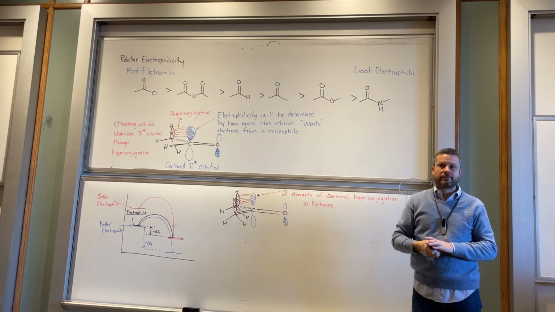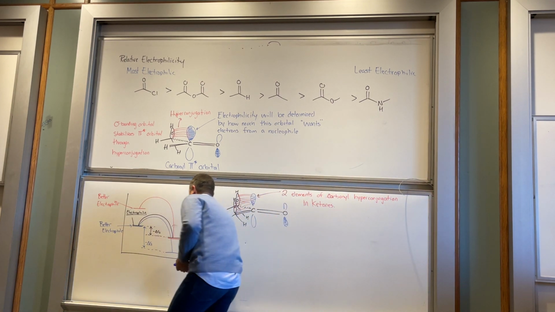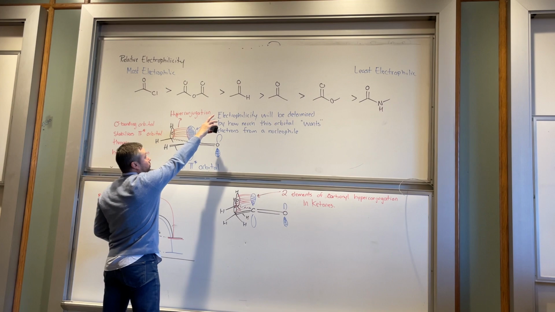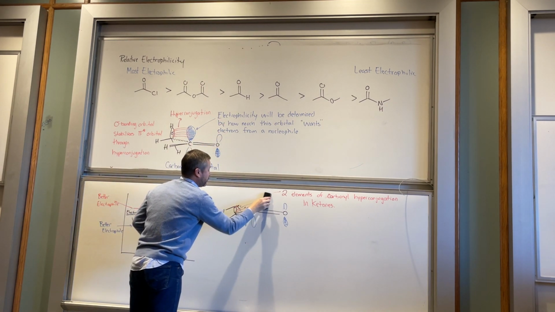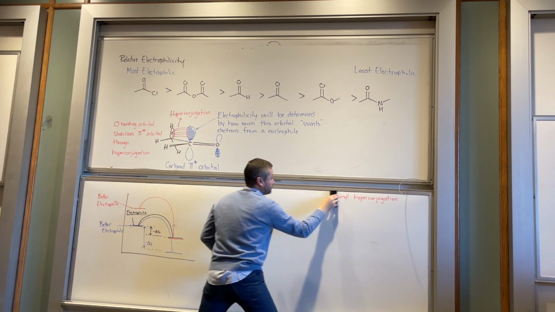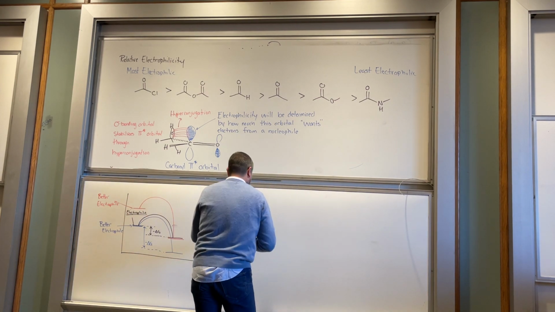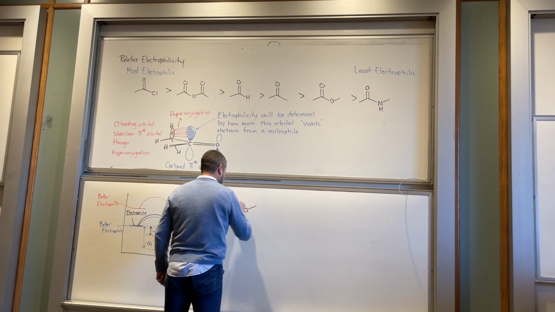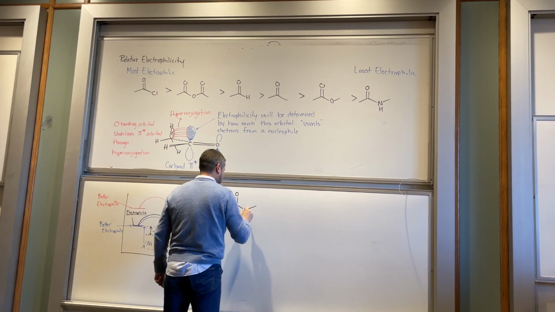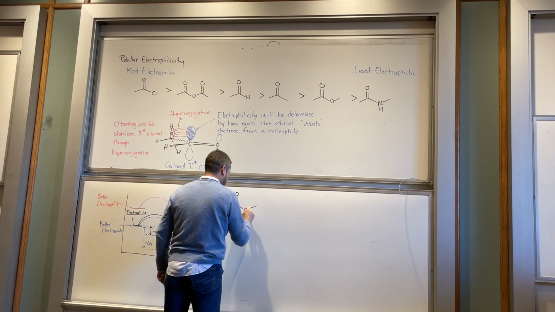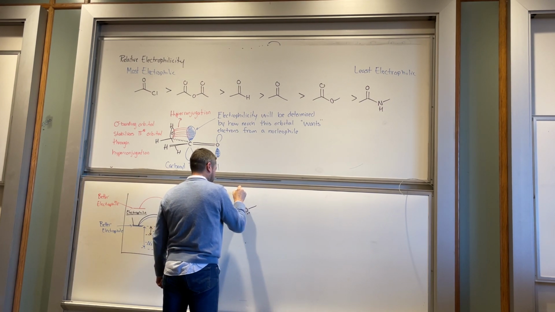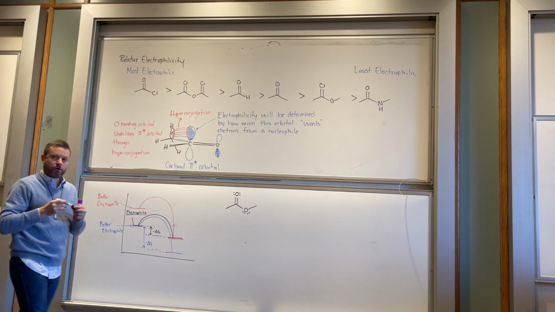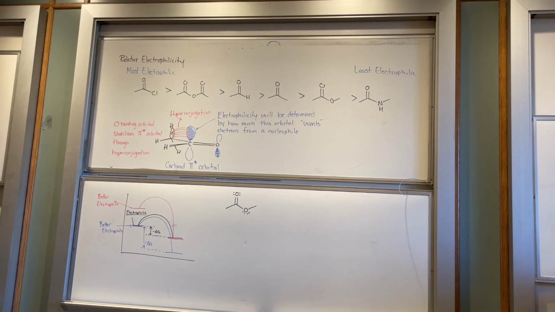Make sense? Okay, so let's think about how those aldehydes and ketones compare to esters and amides. Okay, an ester. Can we draw a resonance structure for this ester? So yes, how would we draw it?